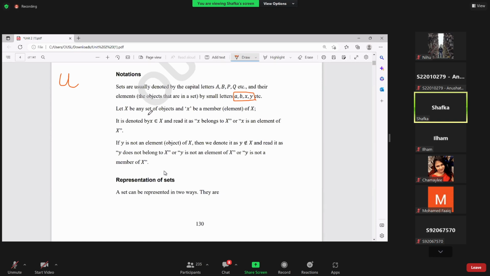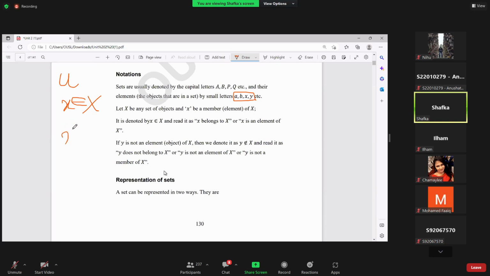And let X be any set of objects and simple x be a member. Member means the element. Okay? If x is an element in capital X, we denote it with this symbol. This symbol represents the element.